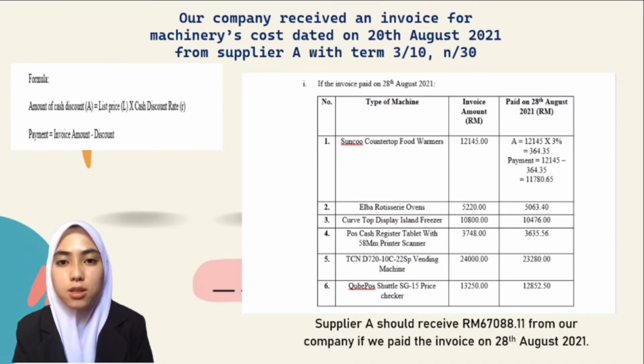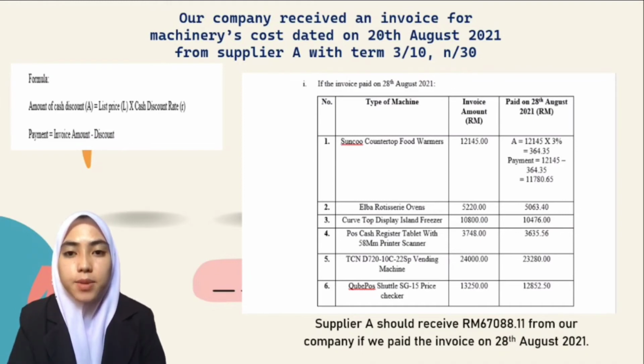Amount of cash discount, we got 3,064.35, and the payment we got 11,780.75.